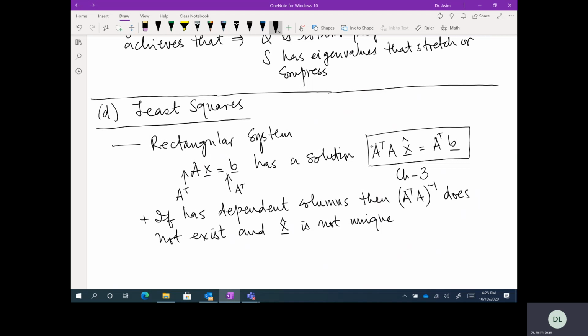If the inverse existed, then I could have multiplied the inverse here, and that is the solution of the projection.